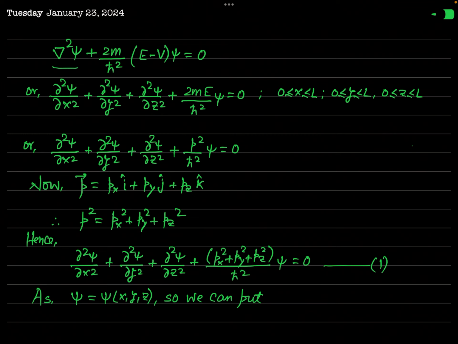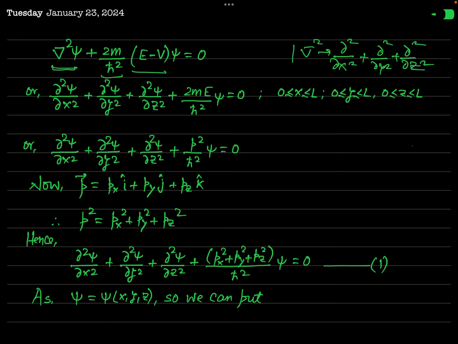This is Laplacian psi plus 2m over h bar square (E minus V) psi equal to 0. But you know the Laplacian operator del square, in Cartesian coordinates, is equal to del 2 by del x square plus del 2 by del y square plus del 2 by del z square.